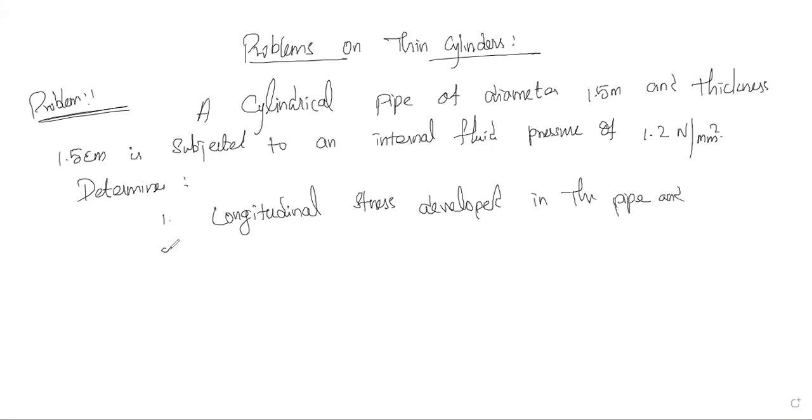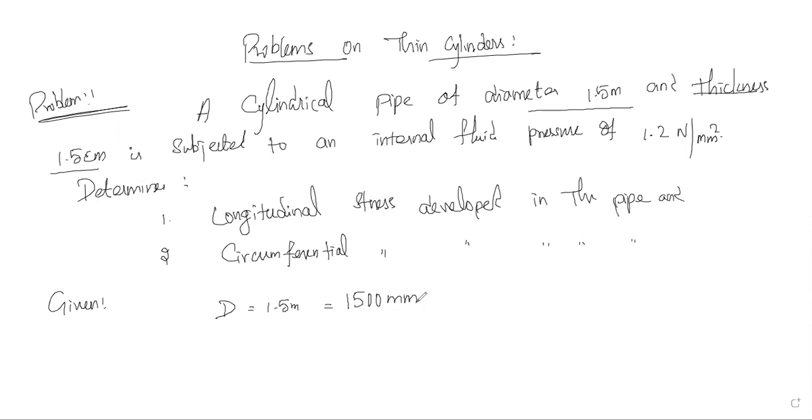And the second question is circumferential stress developed in the pipe. Okay. So let us write the given data. Pipe of external diameter capital D is equal to 1.5 meter, so this is 1500 mm.